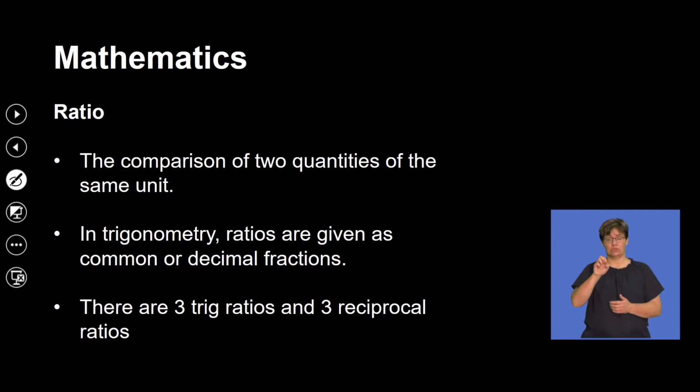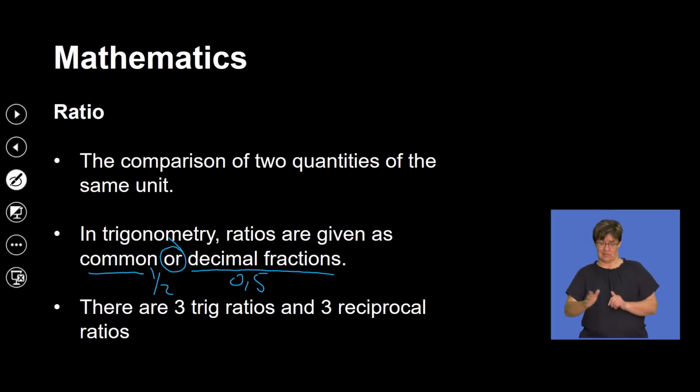In trigonometry, our ratios are normally given as common or decimal fractions. You need to know that. So I can give it to you as either 0.5 or as 1/2. It means one and the same thing, hence I'm using the word or. We normally give it as common fractions or decimal fractions, and not necessarily just a whole number.